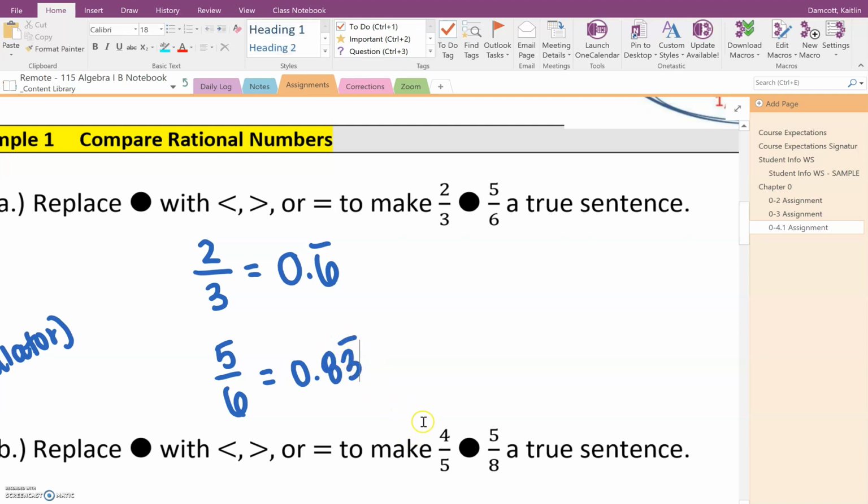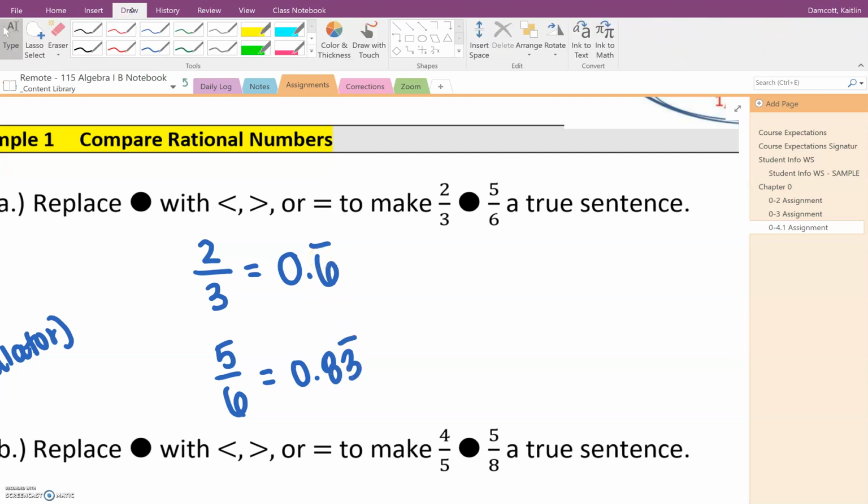Now, when I look at this, the next thing I want to do is compare. So I'm looking at the 0 and the 0. Those are the same. Then I move over to our next place value, which is the tenths place, and I'm comparing an 8 and a 6. So I am saying that this is the greater number because an 8 is bigger than a 6.